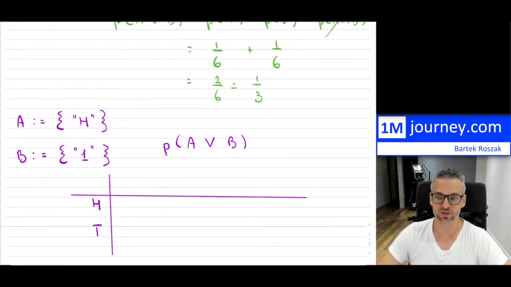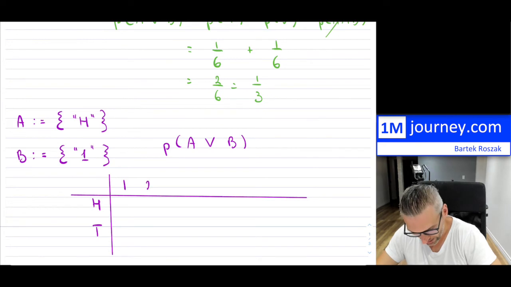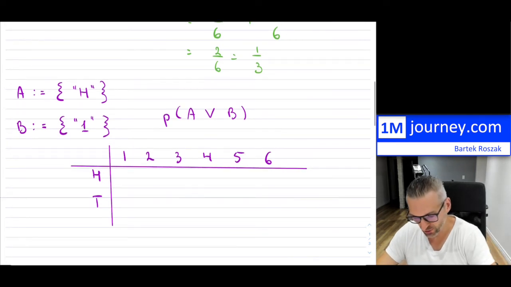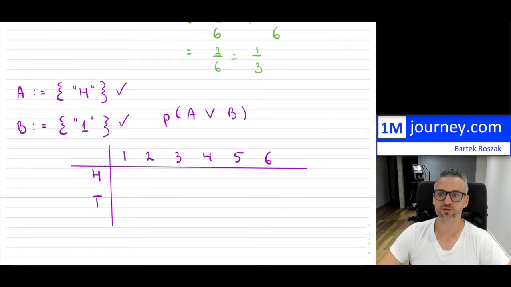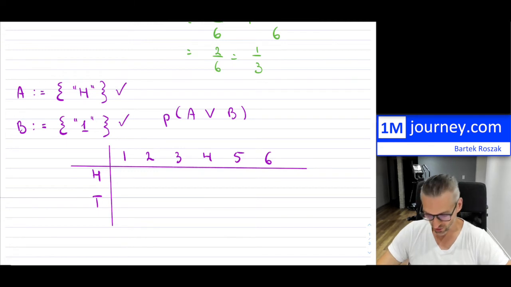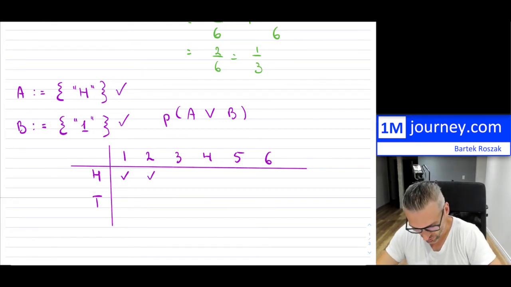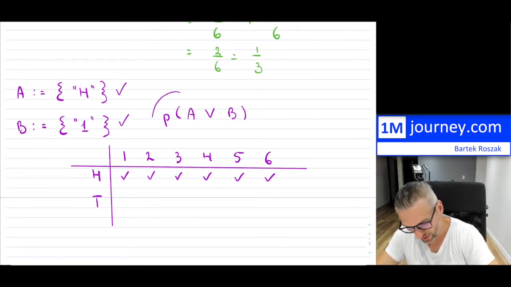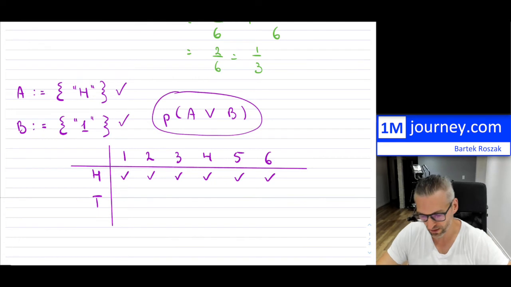Event A would be just seeing a heads, and as I roll, I can roll a 1, a 2, a 3, a 4, a 5, and a 6. Now, if I do them simultaneously, A and B, you'll notice here that I might get a heads and a 1, a heads and a 2, a 3, a 4, a 5, a 6. So now all of these, if I were trying to find the probability of A or B, work because I see a heads.